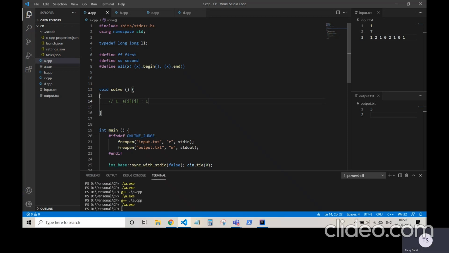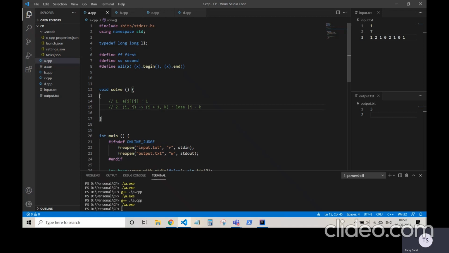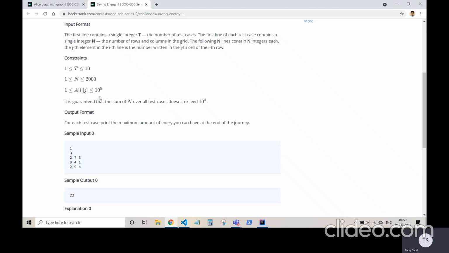What this tells us is that when I go from the column of I comma j to I plus 1 comma k, right? I'm losing out on energy equal to the absolute difference between j and k. And I start my journey from I equals 0, right?